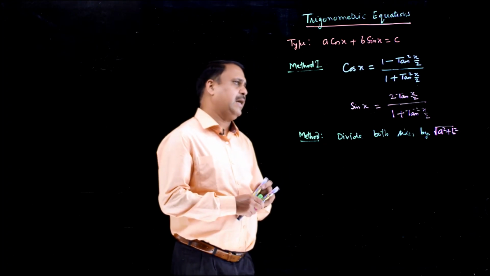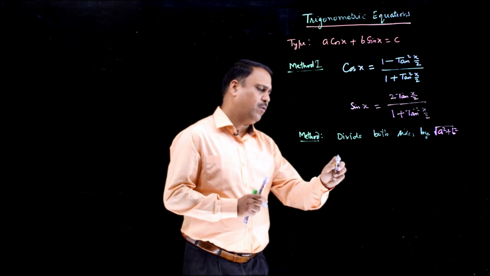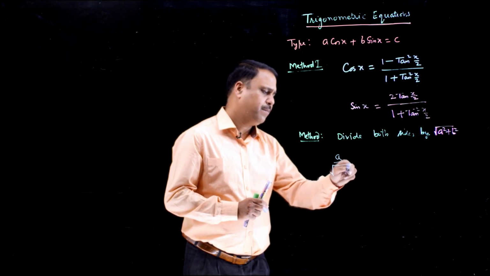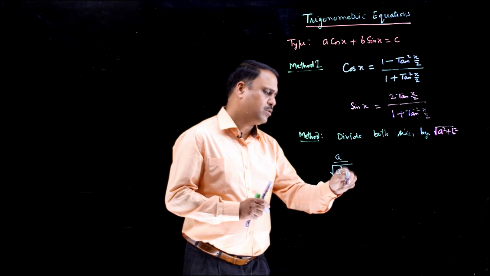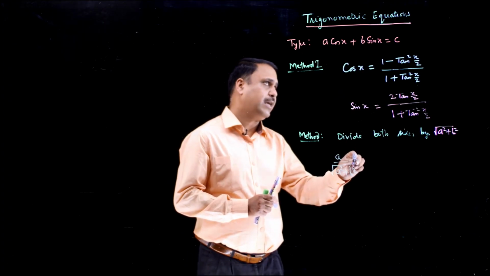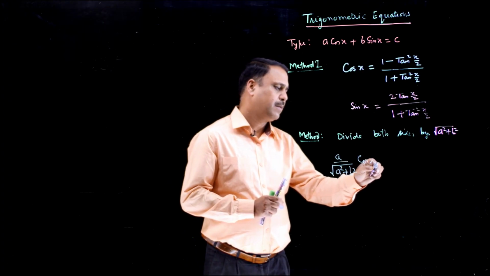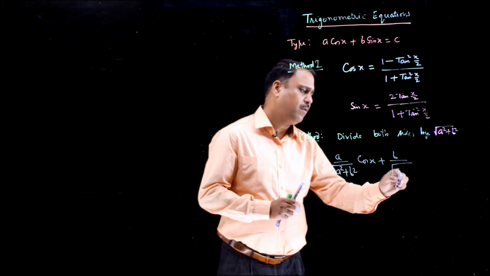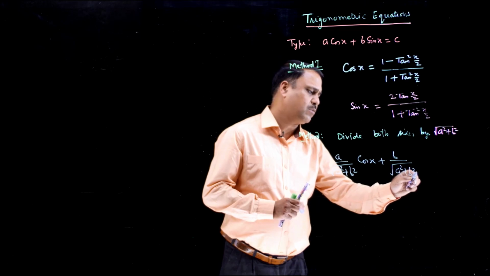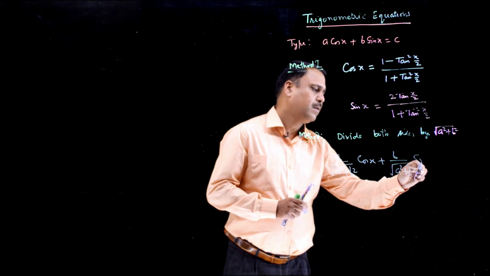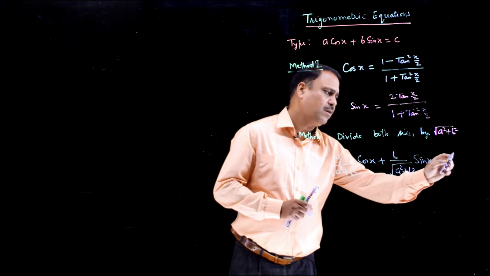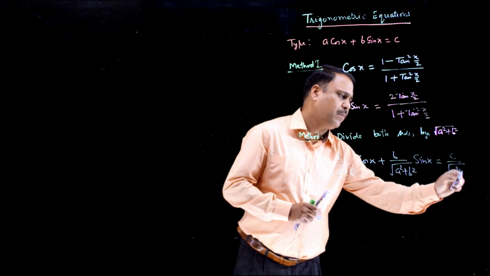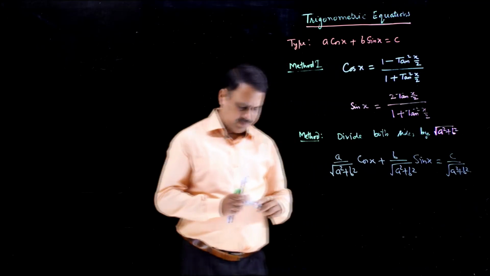That means I can write this as a upon under root of a square plus b square cos x plus b upon under root of a square plus b square sin x is equal to c upon under root of a square plus b square.